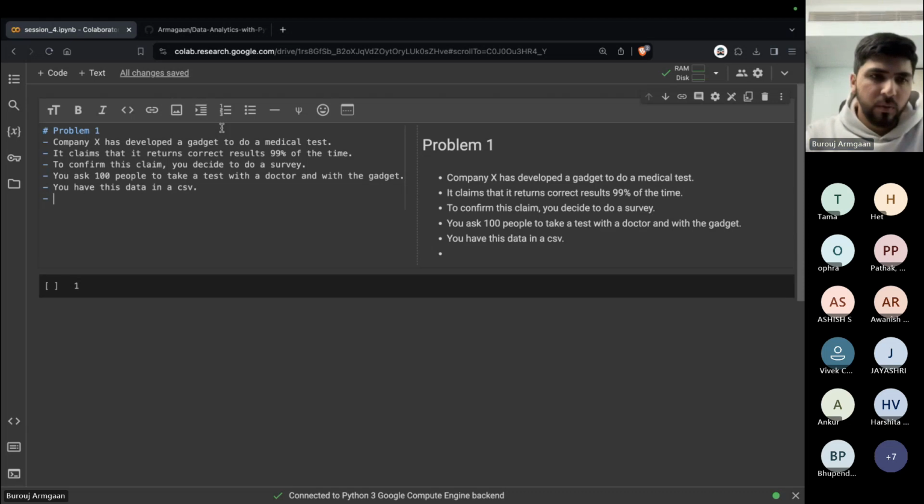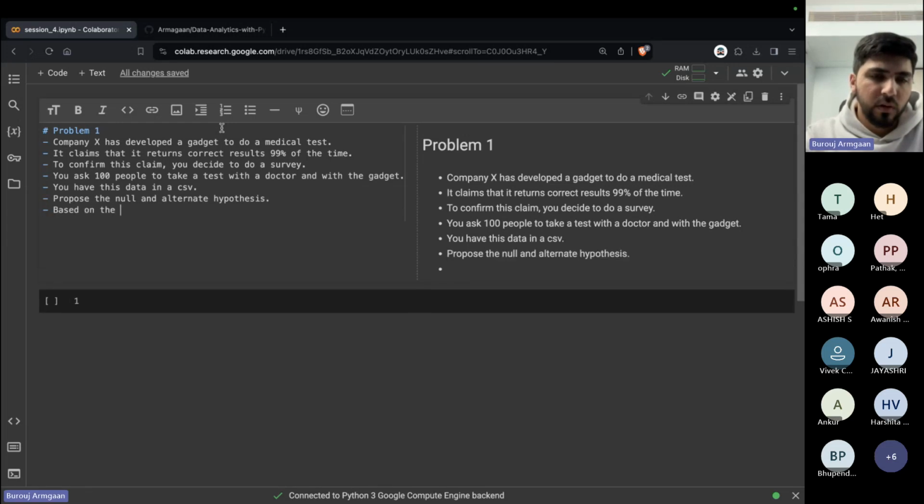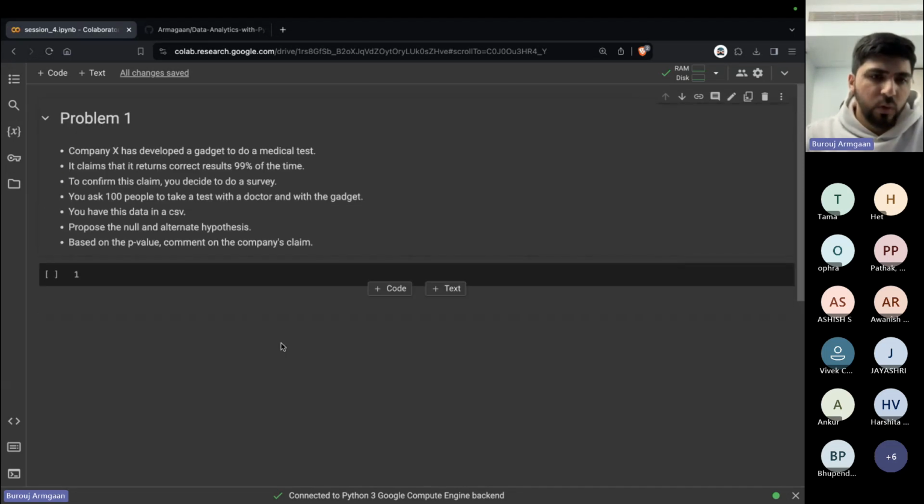So propose the null and alternate hypotheses, and based on the p-value, comment on the company's claim.